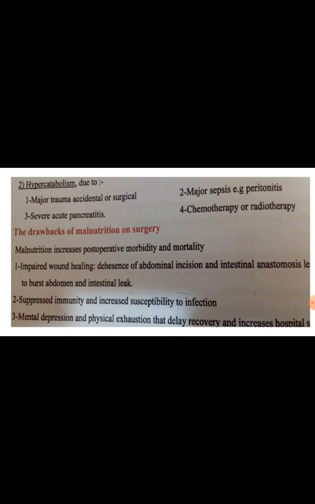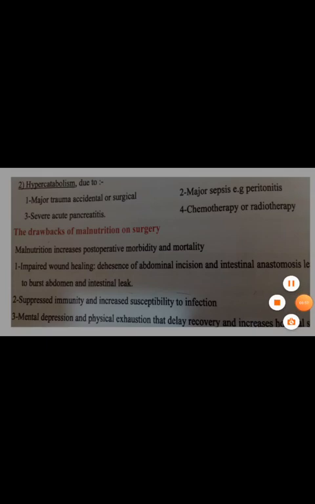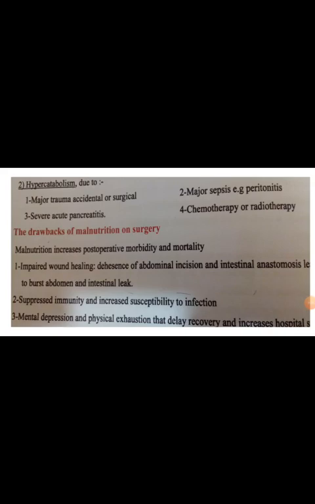So malnutrition in the surgical patient has two causes: starvation and hypercatabolism. In hypercatabolism, the patient takes food, proteins, and nutrition, but these nutrients are destroyed in the body due to massive inflammatory response or due to drugs like chemotherapy or radiotherapy.